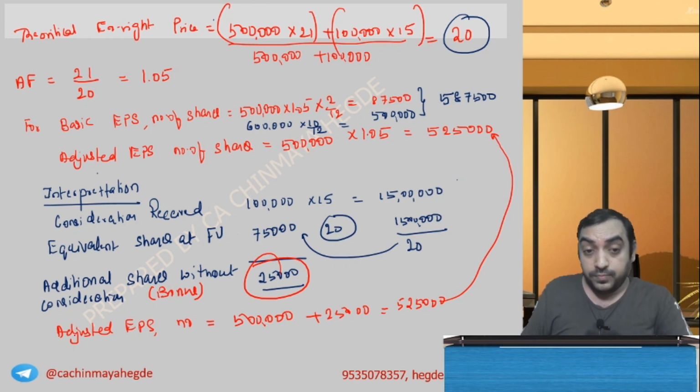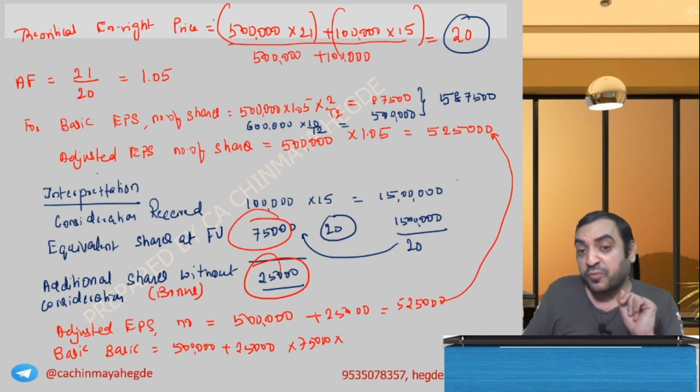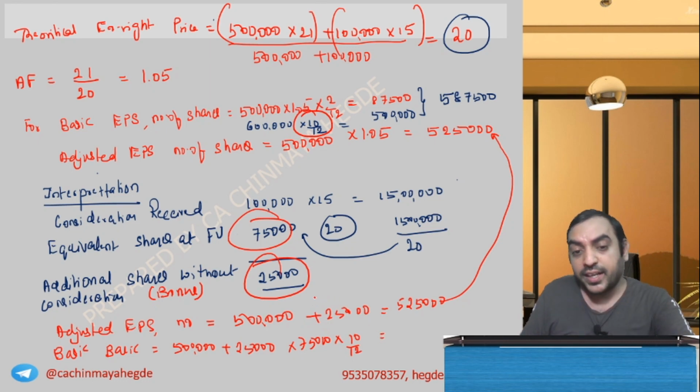So this is what we consider for previous year EPS. For current year, for basic EPS, 5 lakh we take it. 25,000 from the beginning, full months. Then fair value equivalent 75,000, and fair value equivalent only for number of months outstanding, that is for 10 months. How much you get? Calculate for 75,000 into 10 by 12.